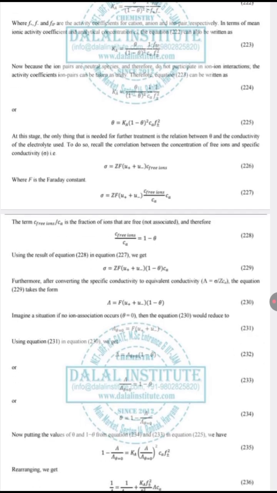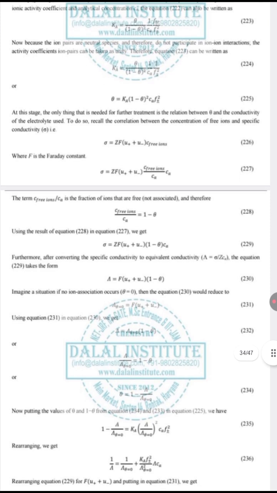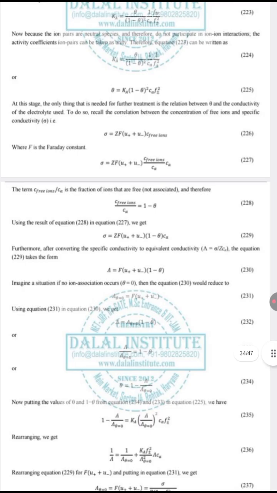f plus, f negative and f ip are the activity coefficients for cation, anion and ion pair respectively. In terms of mean ionic activity coefficient and analytical concentration, equation 222 can also be written as Ka equals theta divided by 1 minus theta square into 1 by Ca into f ip divided by f plus minus square, equation 223.